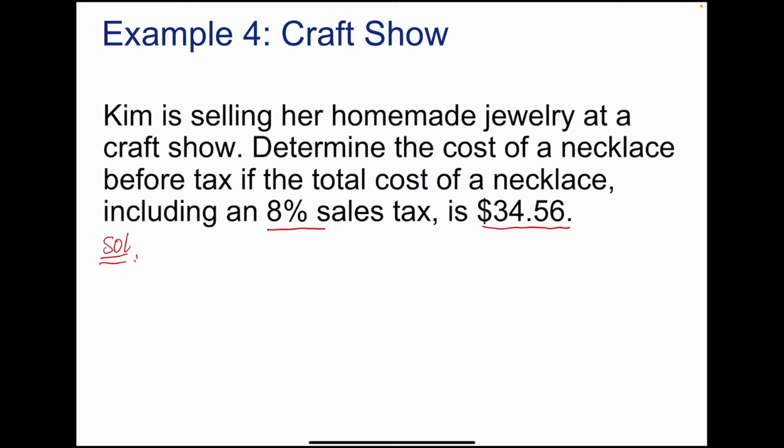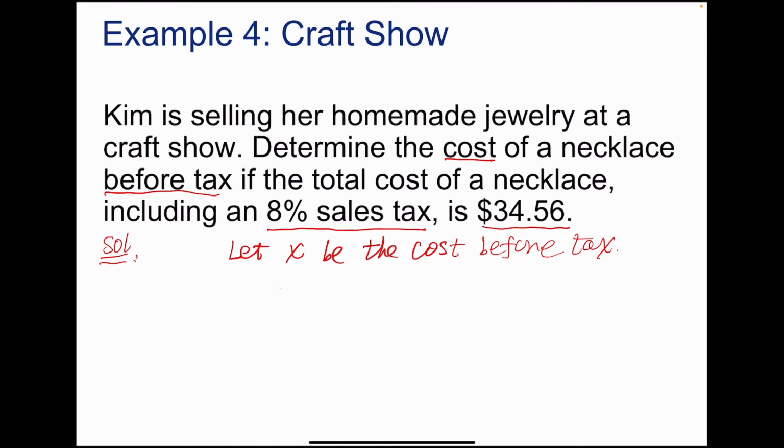And there is an 8% tax included, and what we don't know is the cost before tax. So we can let x be the cost of the necklace before tax, right? So that's x.